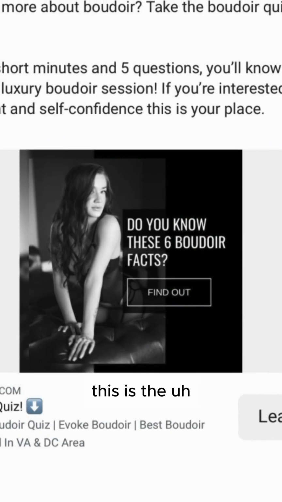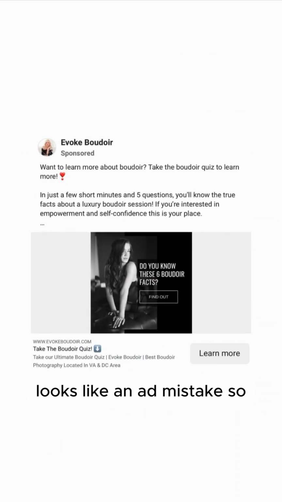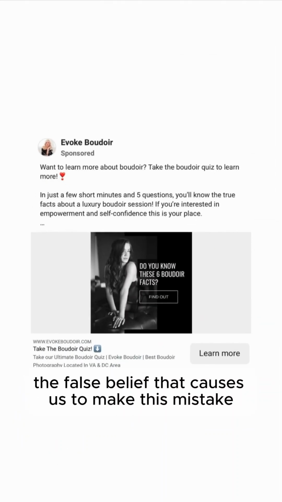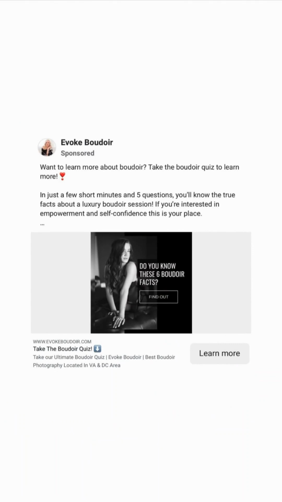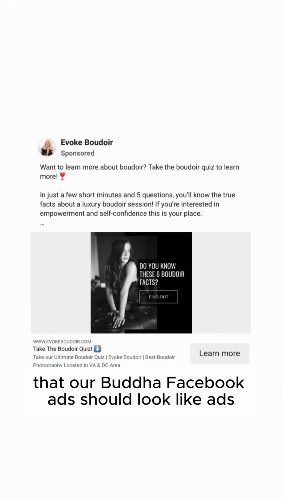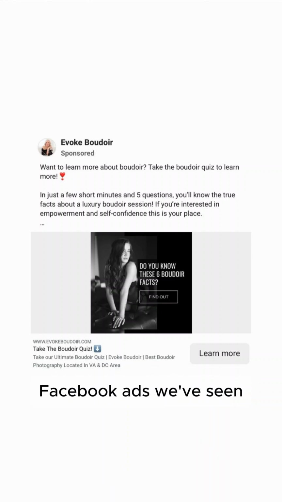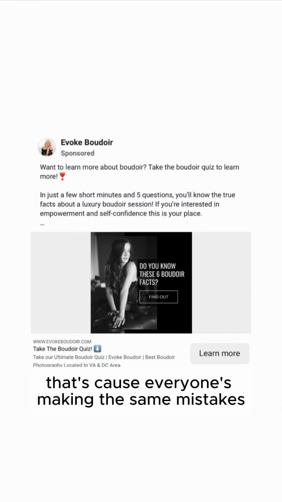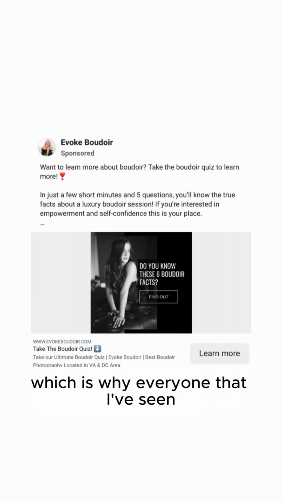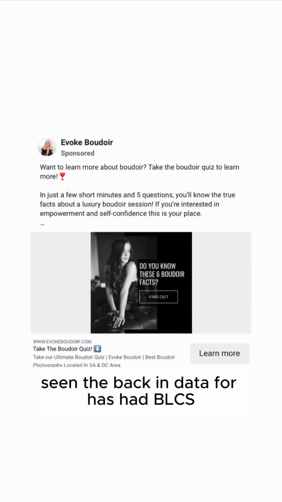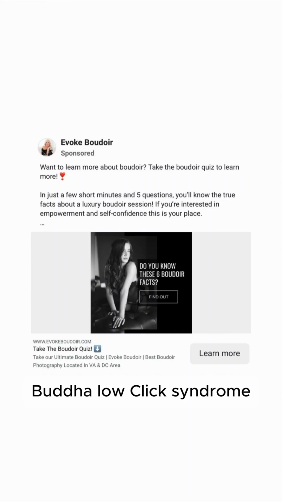Yeah, this is the looks like an ad mistake. So the false belief that causes us to make this mistake is that we believe that our Boudoir Facebook ads should look like ads, because that's the same as all the other Boudoir Facebook ads we've seen. And well, that's because everyone's making the same mistakes, which is why everyone that I've seen the backend data for has had BLCS, Boudoir low click syndrome.